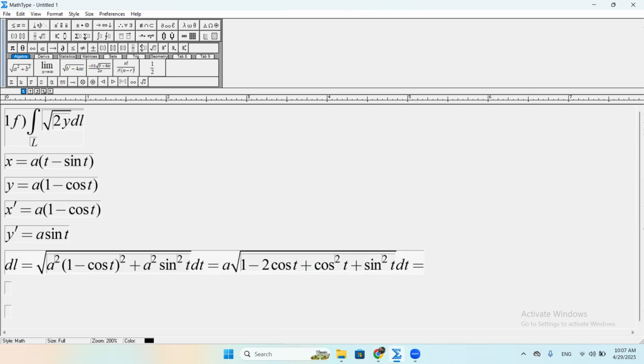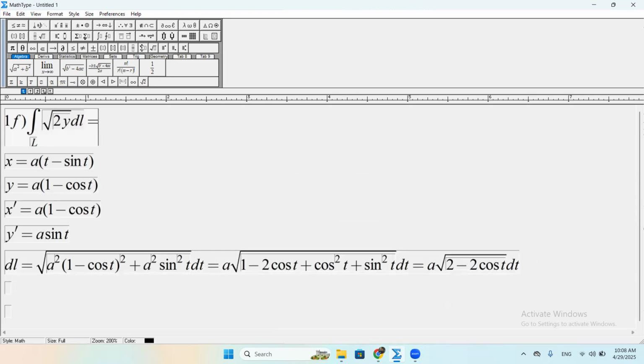Okay, what can be simplified? So a by square root of 2 minus 2 cosine of t, dt. Okay, so done with it for now, and let's see what we will receive in this integral.